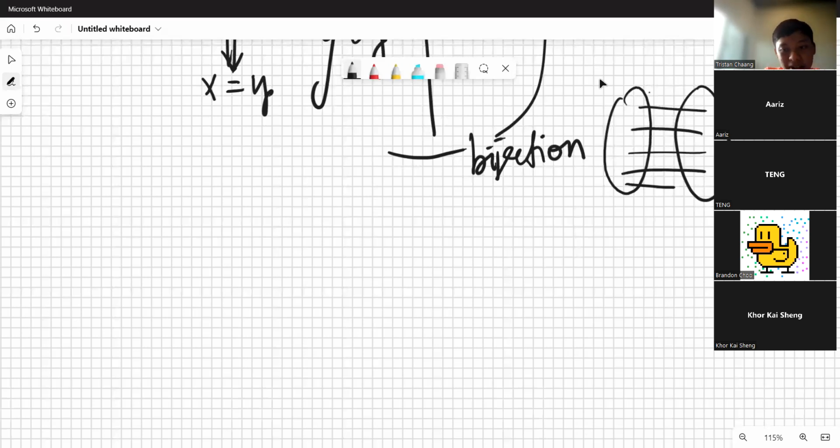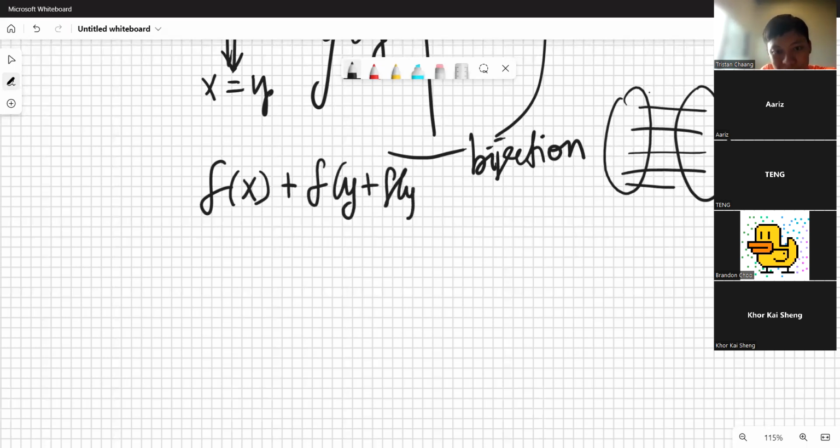To prove injection, you normally want, as someone said in the chat room, some kind of outside term. So if you forgive me, I'll just use the example you've given. Let's say f(x) plus f(y) plus f(y) equals x f(y). Is this provable to be injective?